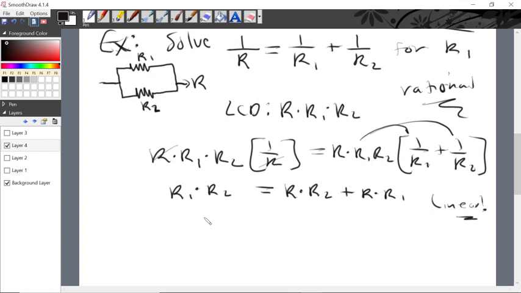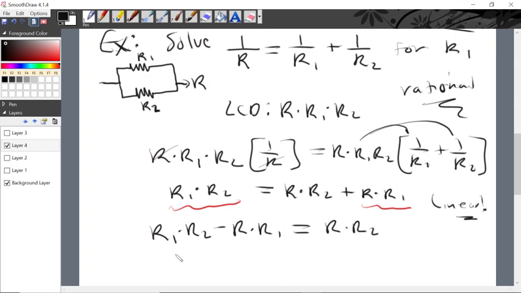How do we get R1 by itself? Notice we have an R1 over here, we have another R1 over here, but we do not have an R1 on this term right here. Let's collect the R1 terms together on one side of the equation: R1 times R2 minus R times R1 equals R times R2.